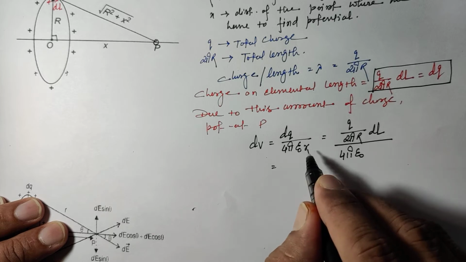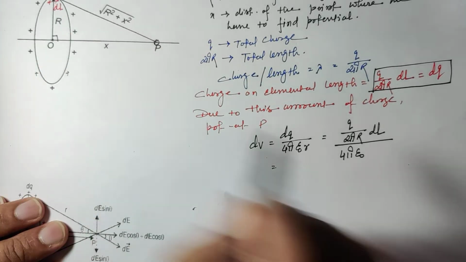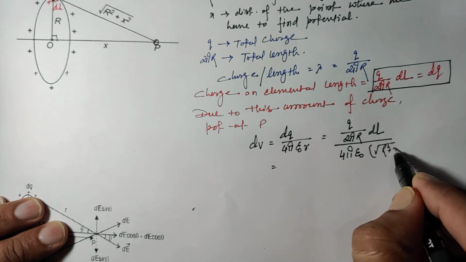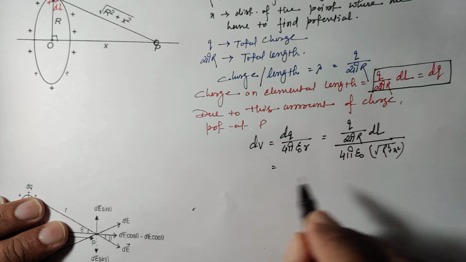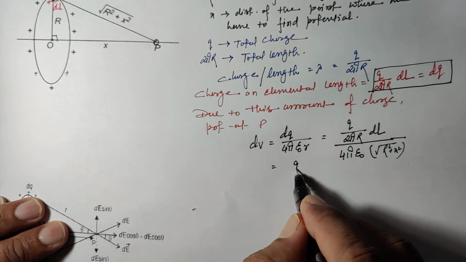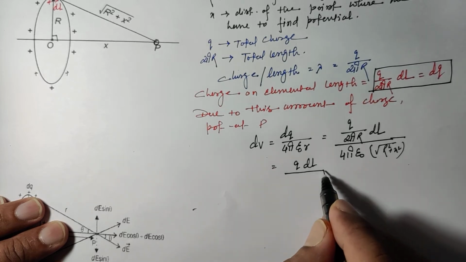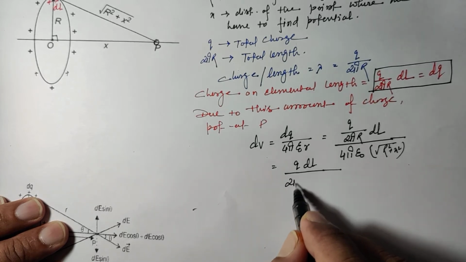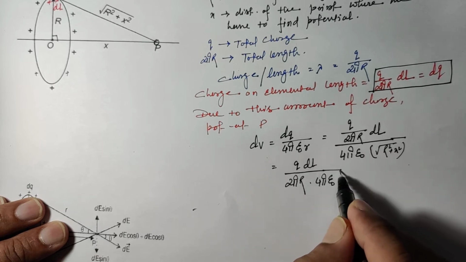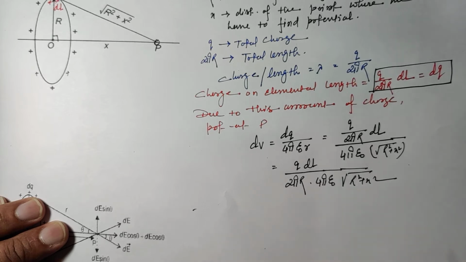And what is the value of r? It means the distance between the charge and the point of consideration. So this is definitely root over R square plus x square. Solving this, we will get Q dl by 2 pi R into 4 pi epsilon naught into root over R square plus x square.